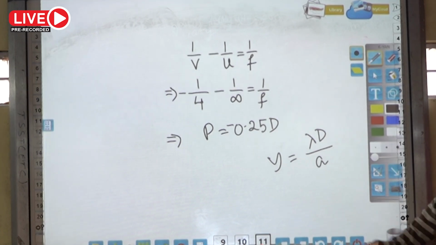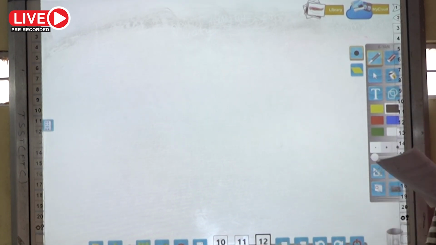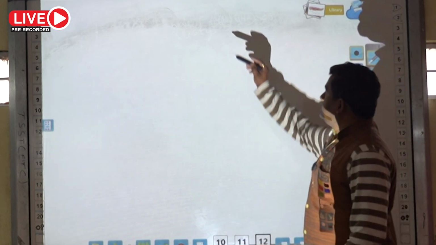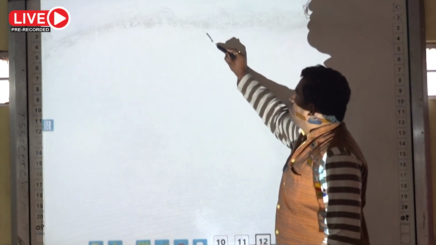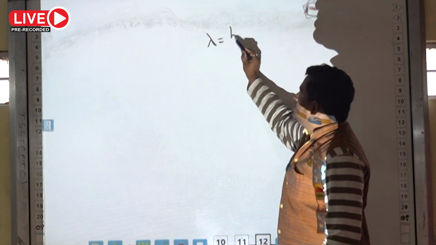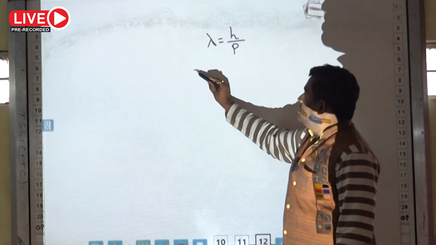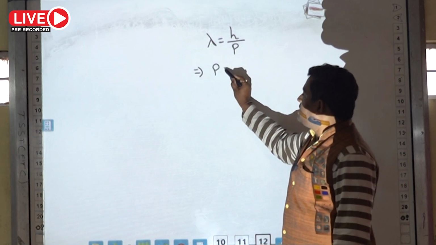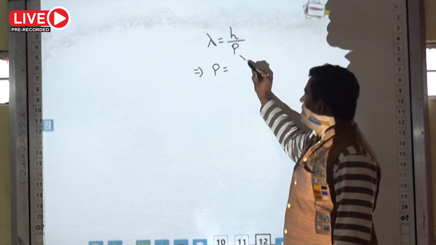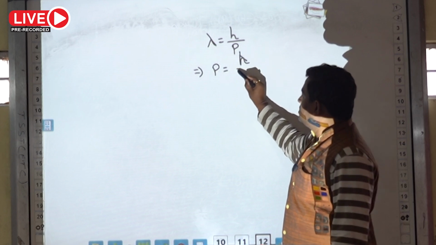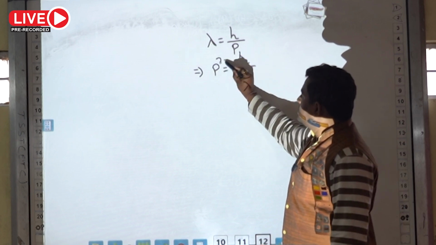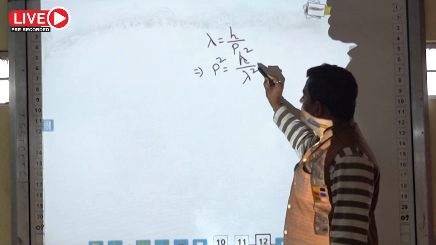De Broglie wavelength we know lambda equal to h by p. Now we can write p equal to h by lambda. I will take a square on both sides.